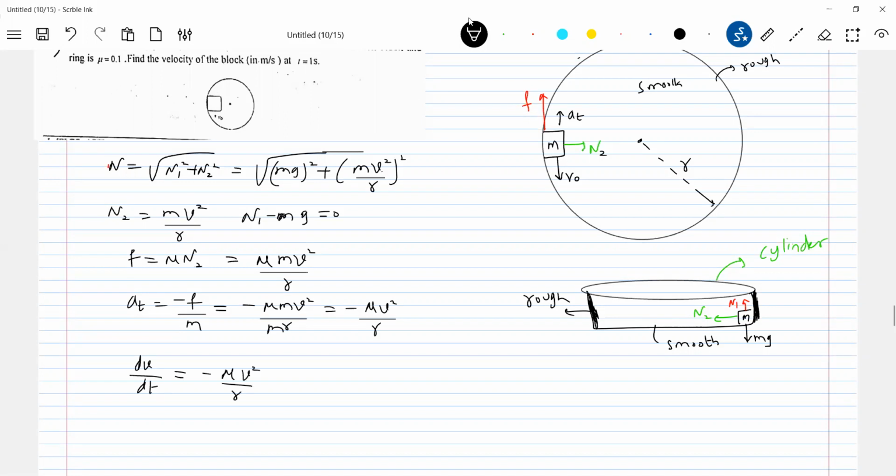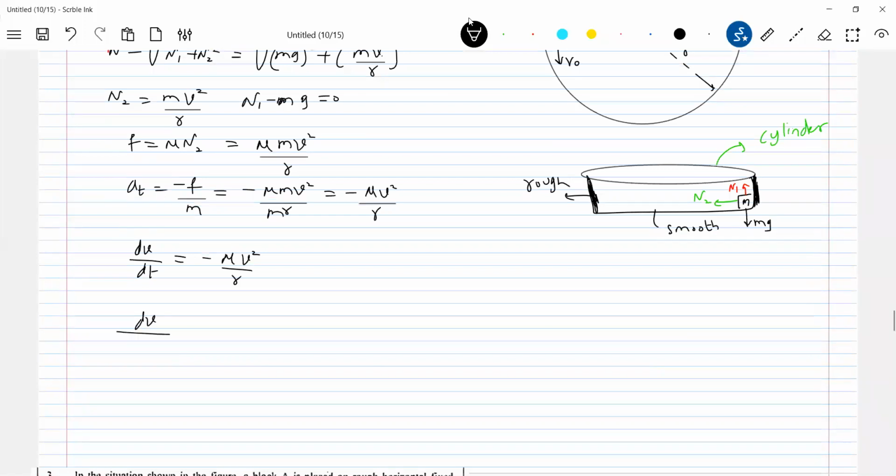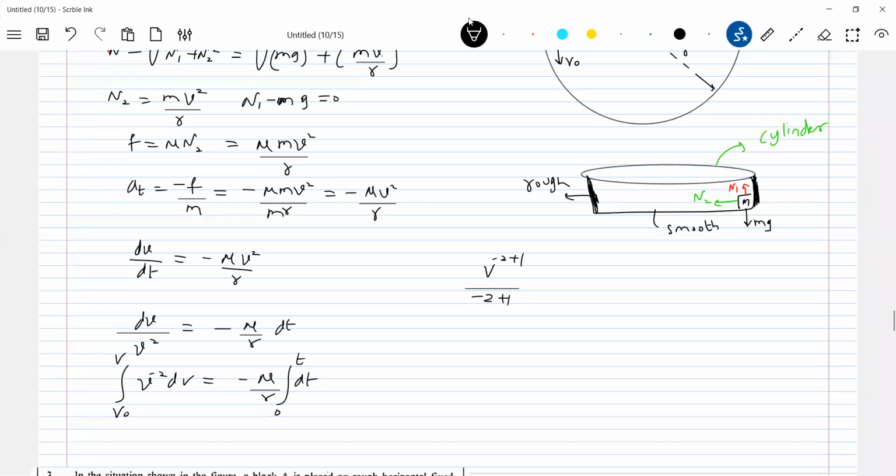So further integration: dv by v square equals minus μ by r dt. This should be from initial velocity v naught to v at any instant of time. First we'll calculate. So this becomes minus 1 by v equals minus μt by r.